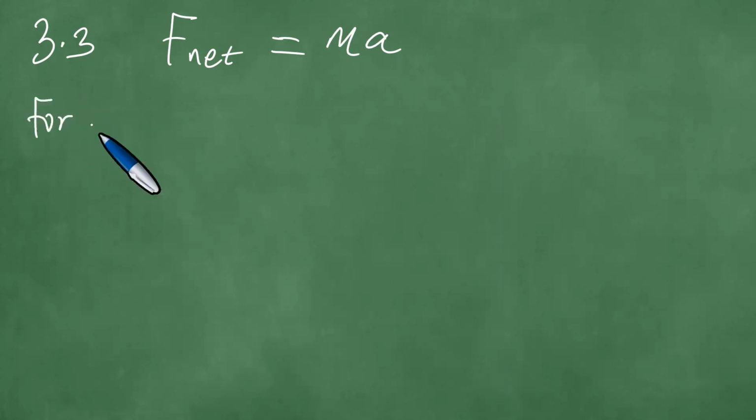For the 1 kilogram block, there are a couple of things you need to consider here, and we need to look at this very carefully. Here is the 1 kilogram block.